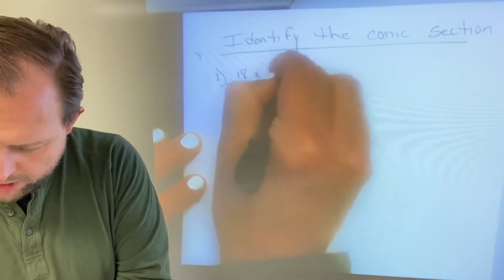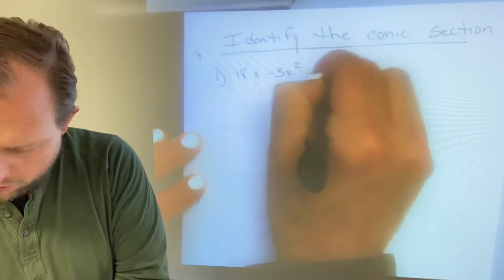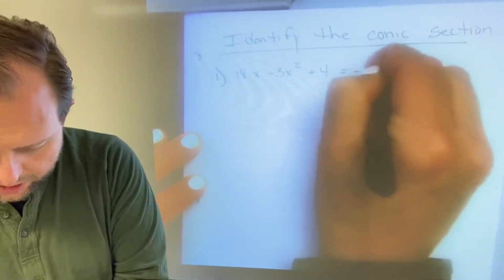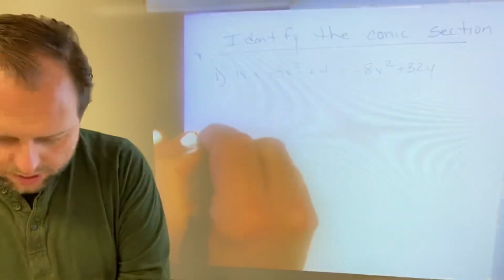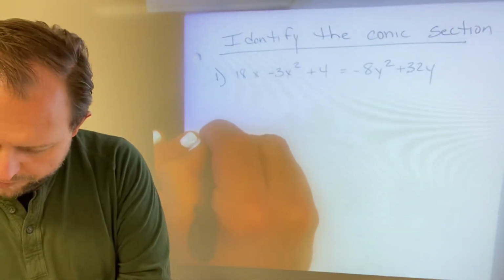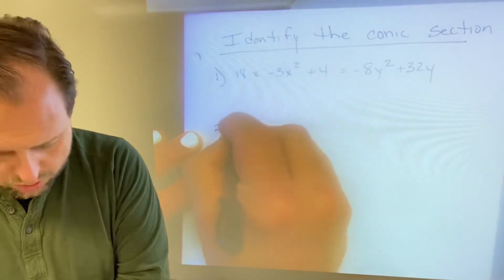Number 1: 18x minus 3x squared plus 4 equals a negative 8y squared plus 32y. I'm going to look at 4 of these.